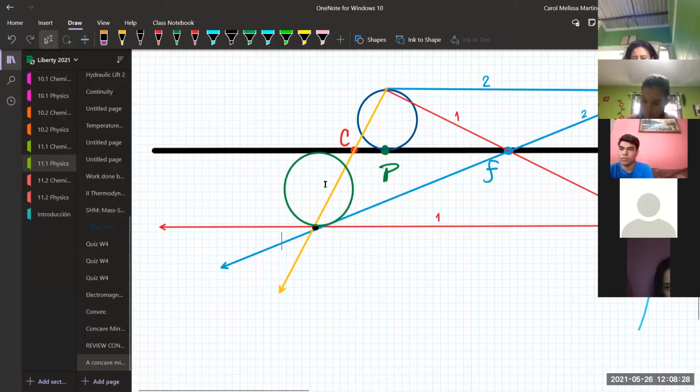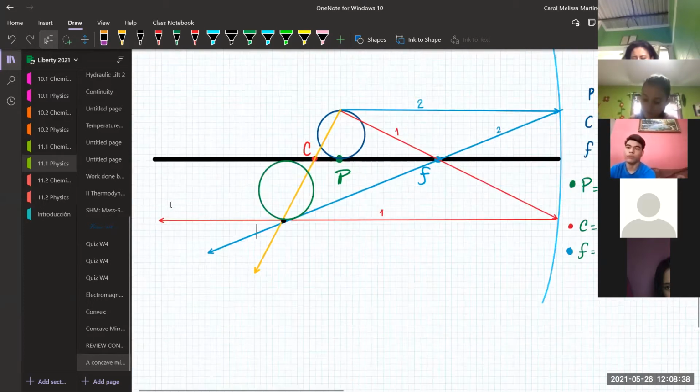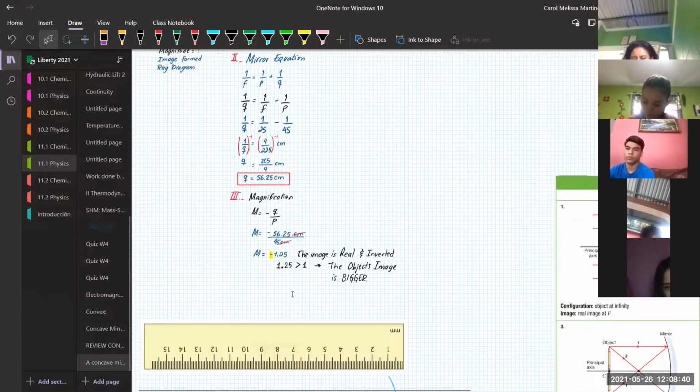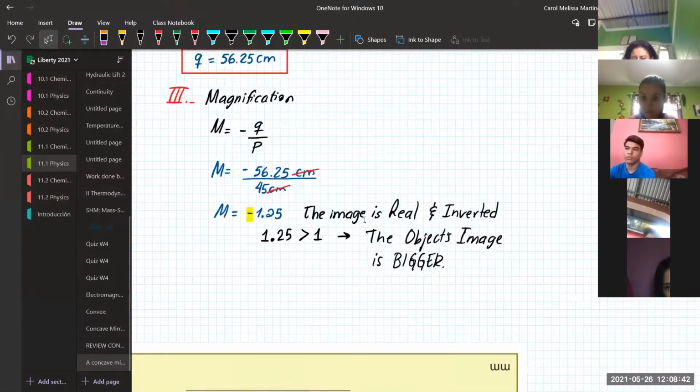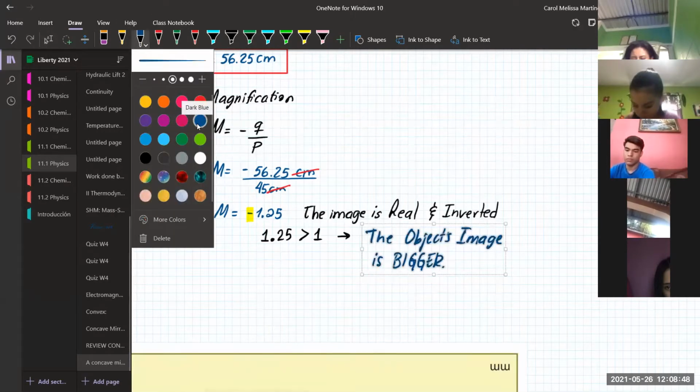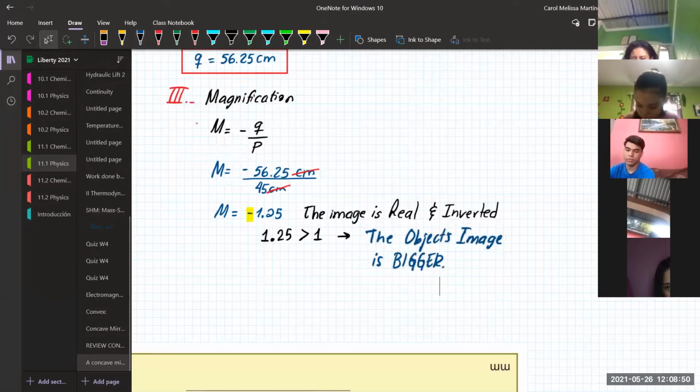The image formed, is it smaller or bigger than the real object? Bigger. So let's see, does it make sense with the answer that we got before? It says the object's image is bigger. So after you notice that, you analyze whether the sketch that you have actually makes sense about the image.